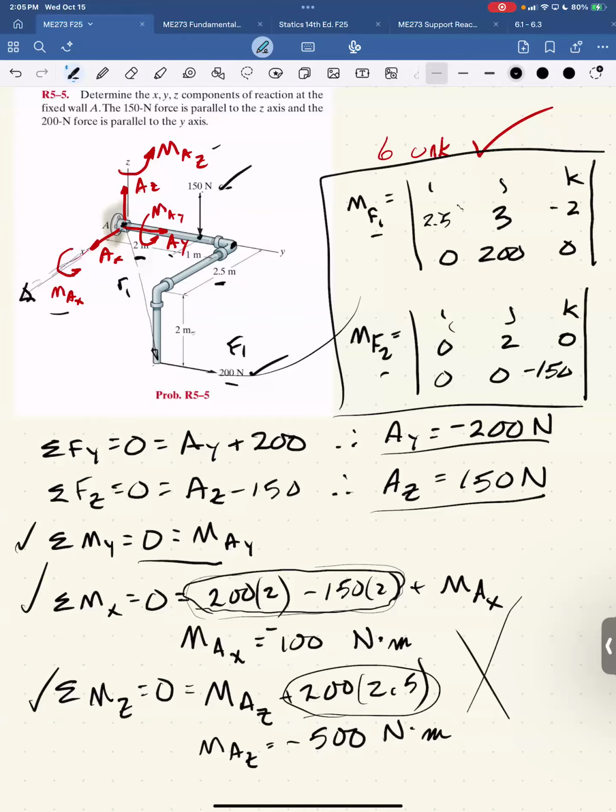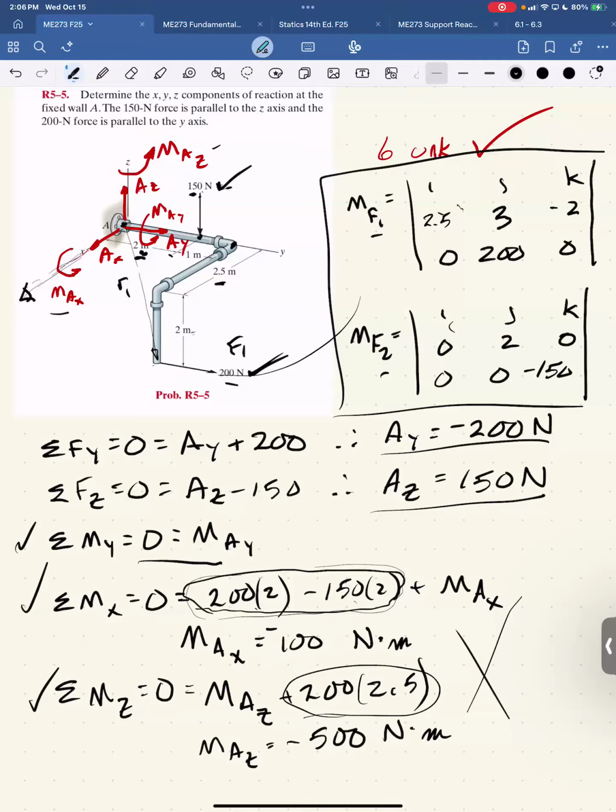It's hard to intuit. I've got a positive moment here, and I've got a negative component here. It's not intuitive to me. I think you should let the math work it out. 400 minus 300 is 100. So the moment about the x-axis is, yeah, 150 times 2 is less than 200 times 3. So that's where that negative moment comes in.